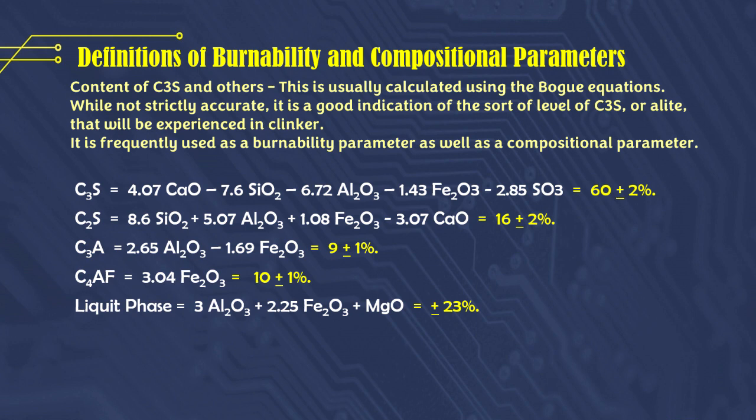C3A equals 2.65 Al2O3 minus 1.69 Fe2O3 equals 9 plus or minus 1%. C4AF equals 3.04 Fe2O3 equals 10 plus or minus 1%. Liquid phase equals 3Al2O3 plus 2.25 Fe2O3 plus MgO, about 23%.